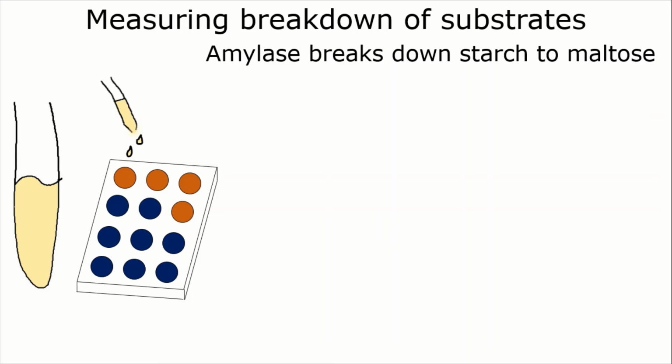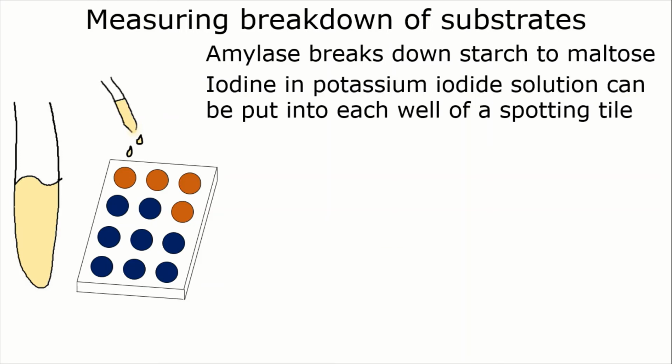And we can also see that we have a spotting tile set up. It's got all these different coloured circles. I will explain why they're different colours in a minute. But in our spotting tile, in each well, we put a few drops of iodine dissolved in potassium iodide solution. And as we know, we've met this agent before.